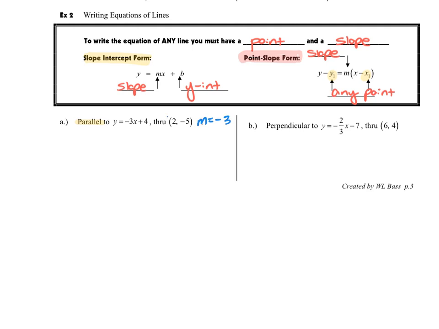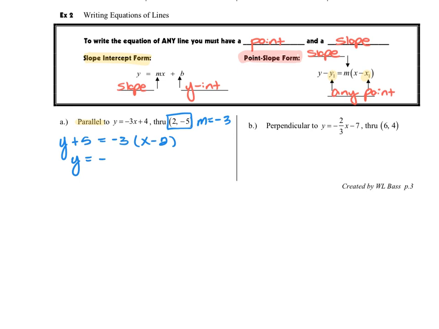And then all I give you is this random point that it goes through. So when we set up our point-slope form, we're going to do y minus our y coordinate, so a y plus a 5, because y minus the -5, and then the -3, and then I'm going to do an x minus 2.